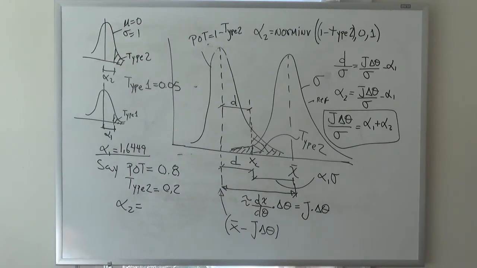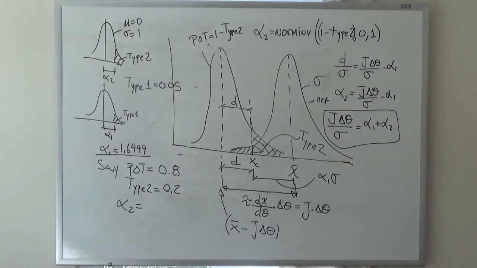All right. Since I do not find it, you're going to give me a break and I'm going to go in here in MATLAB, which I'm looking at. You can't see it, but I'm looking at it. I'm going to say norm inverse, and then with type 2 being 0.2, 1 minus 0.2 would be 0.8. So I would be putting 0.8, 0 and 1.